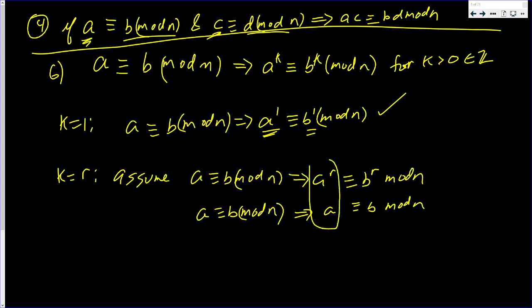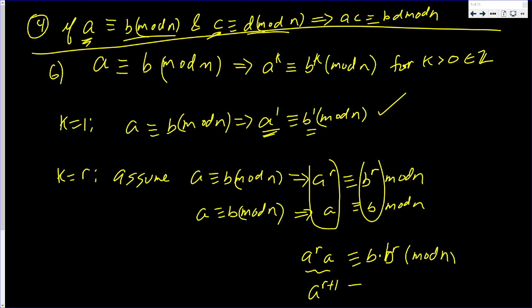It says that you can multiply those two and it'll be congruent to the product of those two mod n. Those are real numbers. That's A to the R plus 1, and it's congruent to, let me do it the same order, the top, B to the R, times the 1 below. That's B to the R plus 1 mod n.